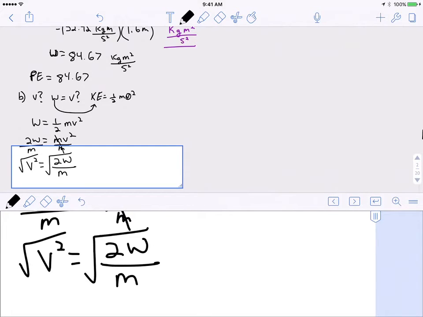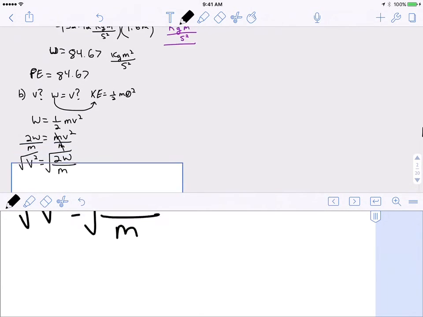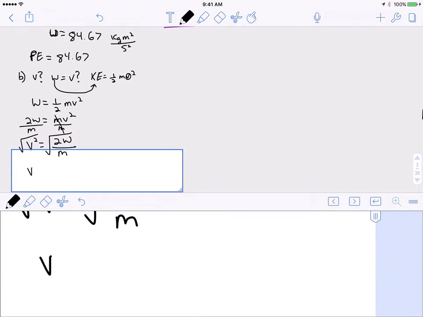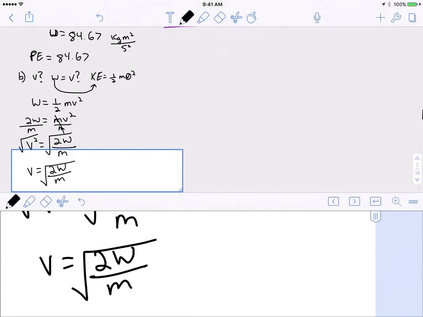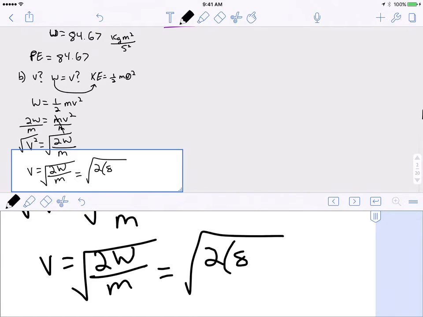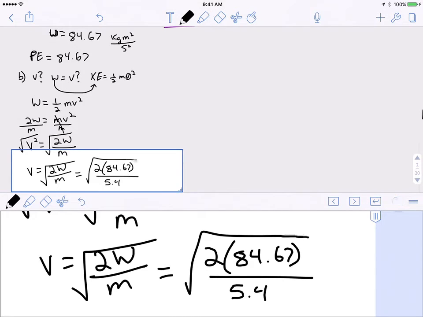Square root both sides to cancel out the square. And I'm left with a really fancy equation. Velocity equals the square root of 2W over m. Excellent. So what is the answer if we calculate this? The work, 84.67, divided by the mass, 5.4, times 2, all under a square root.